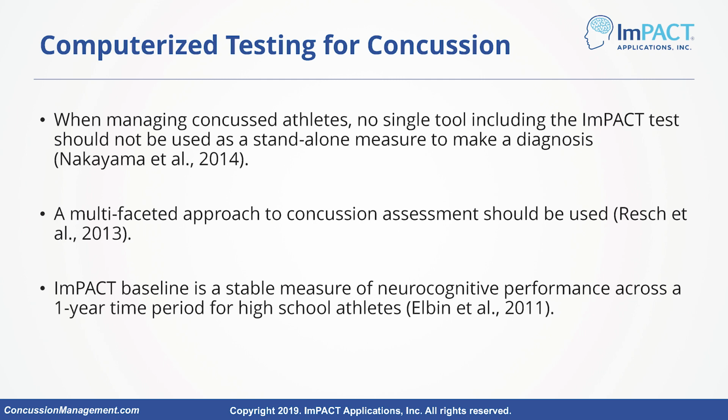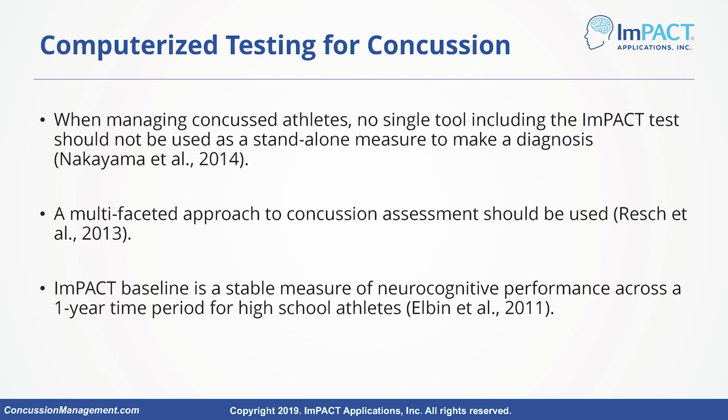And the reason for that is that no two concussions are alike. And so what we see here is that one concussion may manifest itself with more cognitive type issues, while another may have more balance issues or vestibular issues or vision issues. So it's always good to include a variety of different tools in order to come to the appropriate diagnosis.